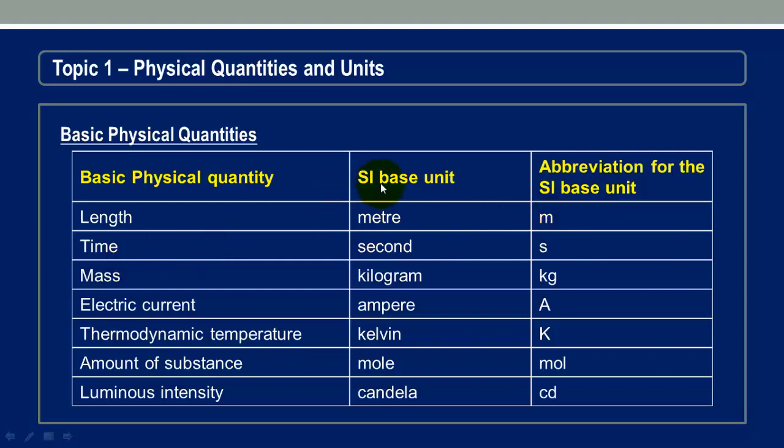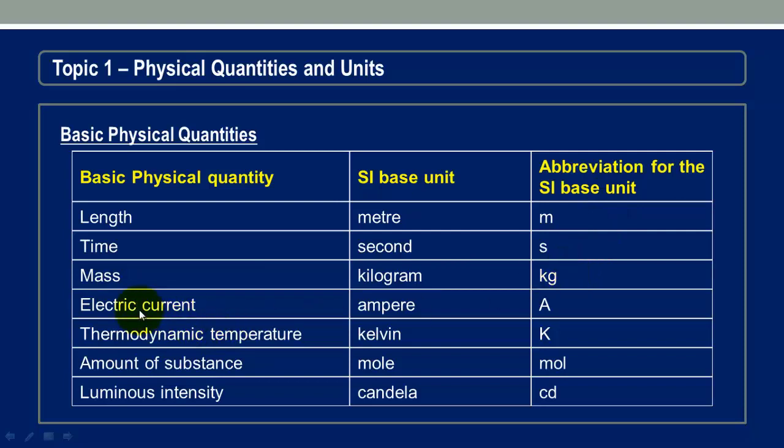Time has the SI base unit second, and the abbreviation for the SI base unit for time is s. The third basic physical quantity is mass, measured in kilograms, and the abbreviation for the SI base unit is kg.